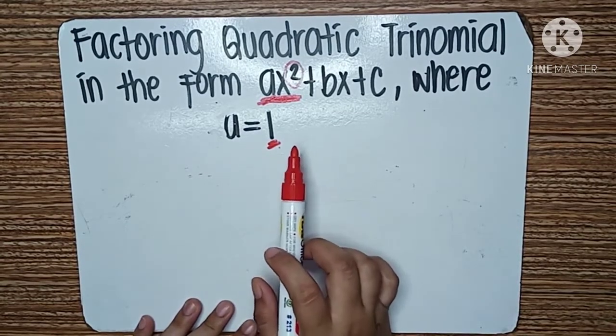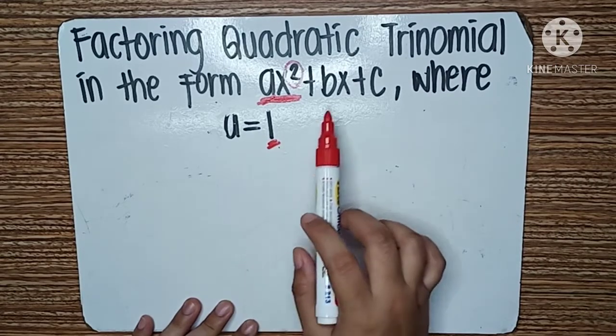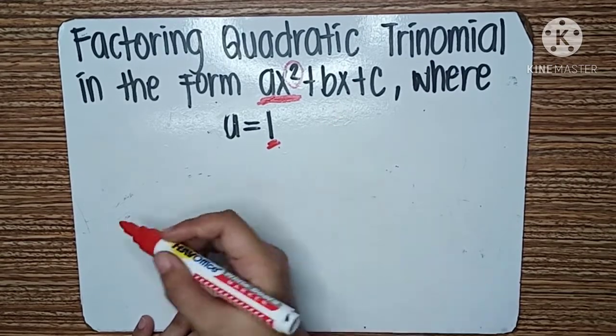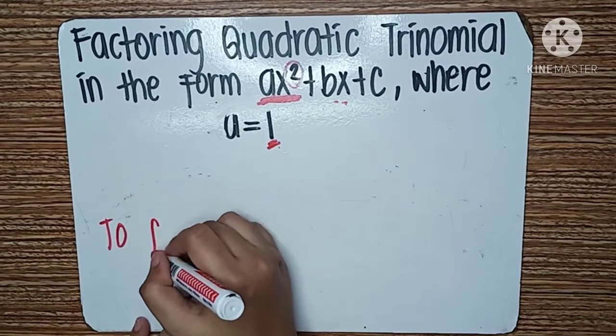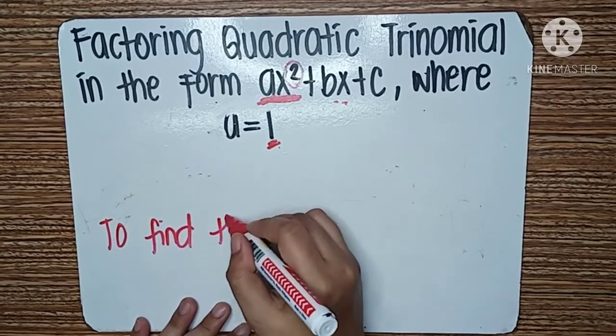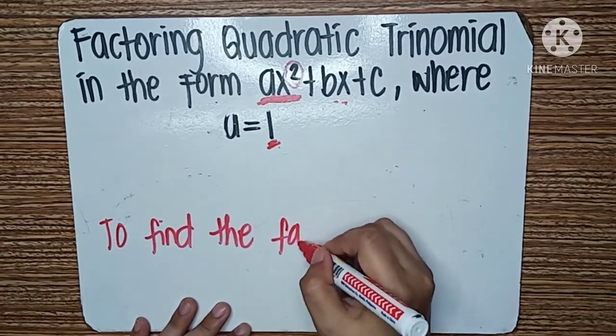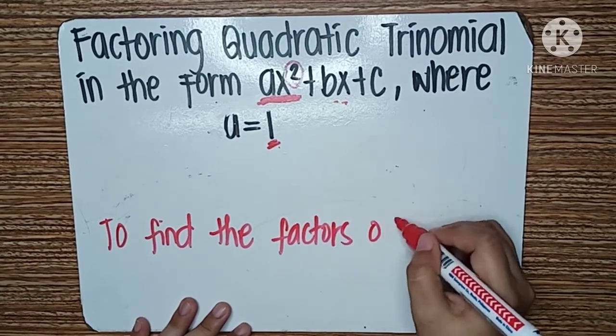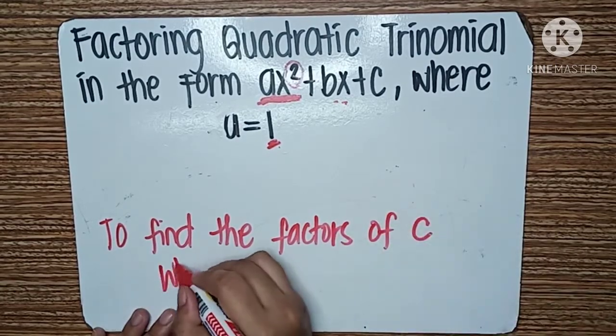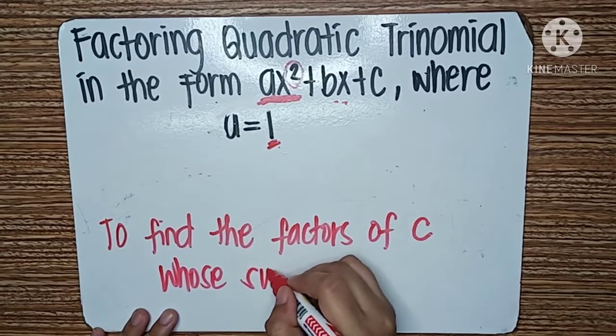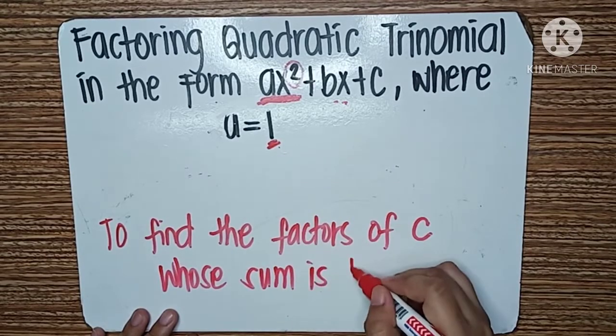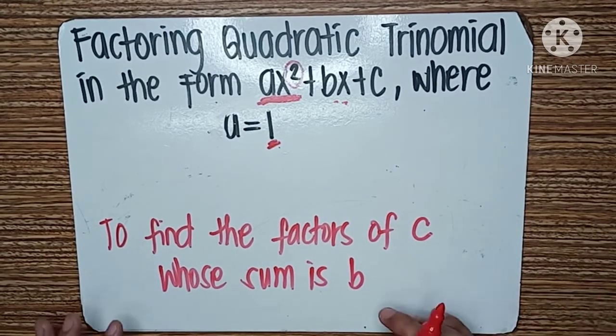The only rule to find the factored form of this quadratic trinomial is to find the factors of c whose sum is equal to b. So, ano itong tinutukoy ko?